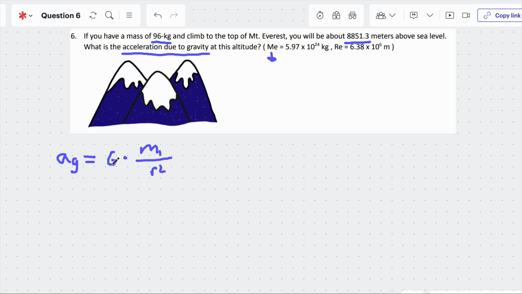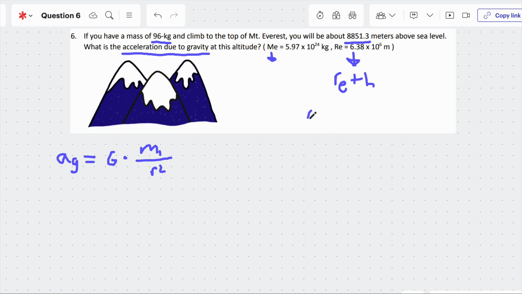So we know big G, we know the mass of the Earth, because that's given here. We need to figure out the radius. Although the radius of the Earth is given, we're this far above sea level. So we need to add the radius of the Earth to our height.